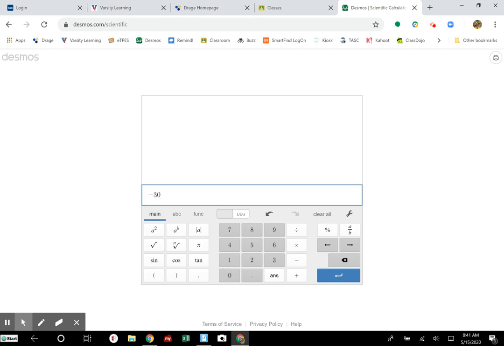Negative 30, and then I'm going to go times a negative 1/5. So negative, put in a fraction. So here's the fraction symbol right here. Okay. Oh, I just put a fraction inside a fraction. That's not great. Hang on. I'm going to go back. All right. I'm clearing all.